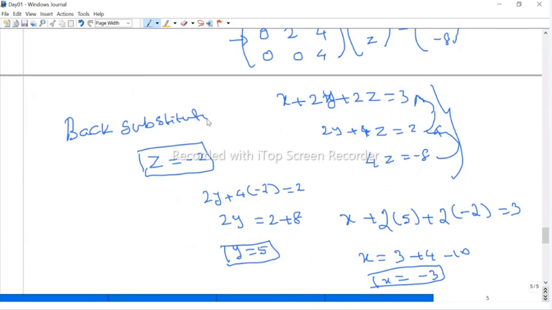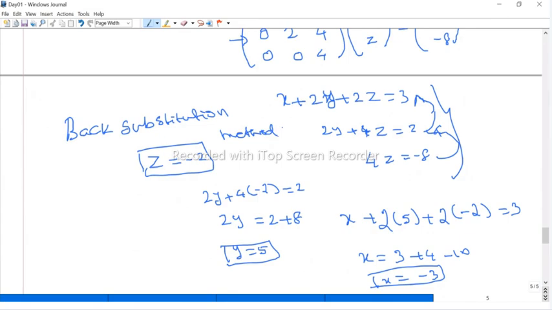Sometimes we get the x value first, then use it to find y, and then use x and y to find z. That is called the forward substitution method. So this is the backward substitution method.